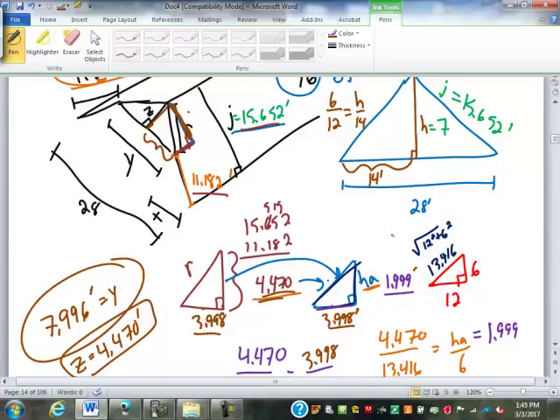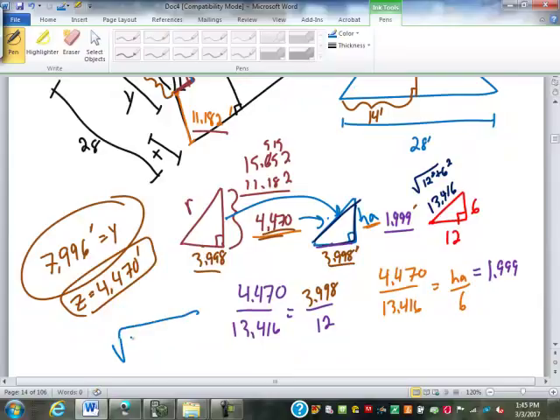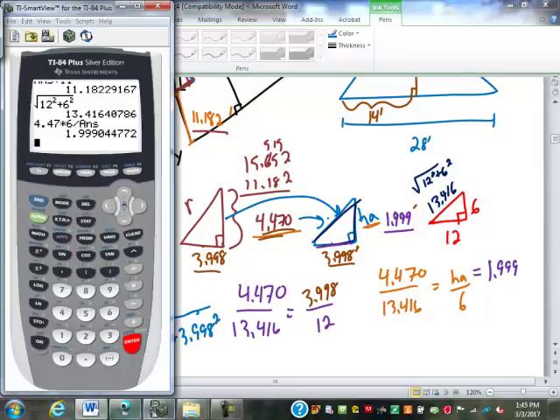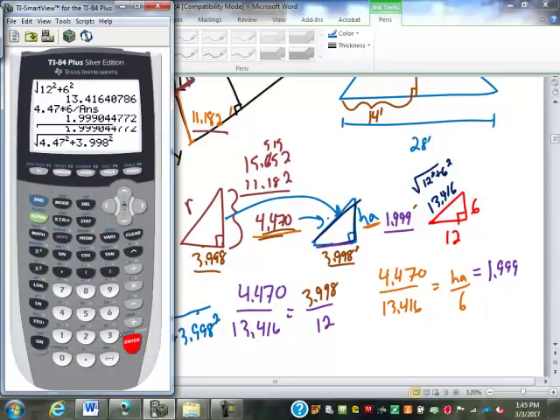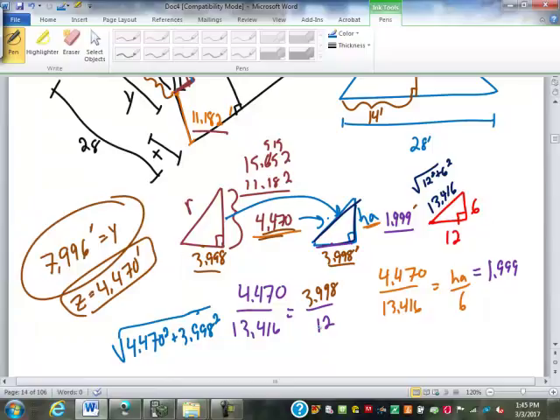Does that make sense? Yep, 5.997. So R is 5.997.